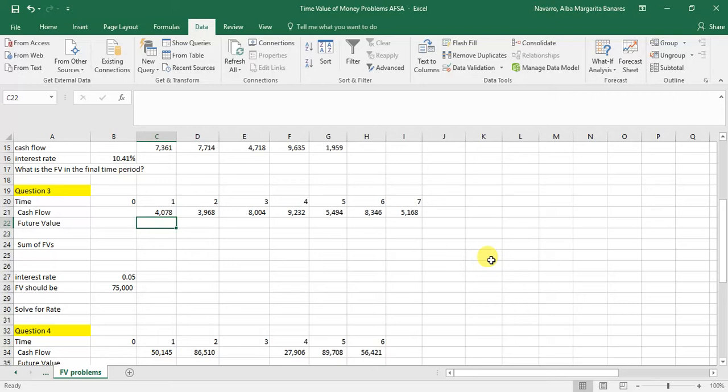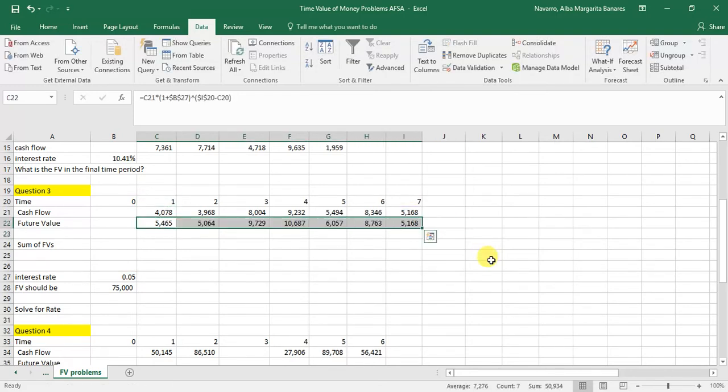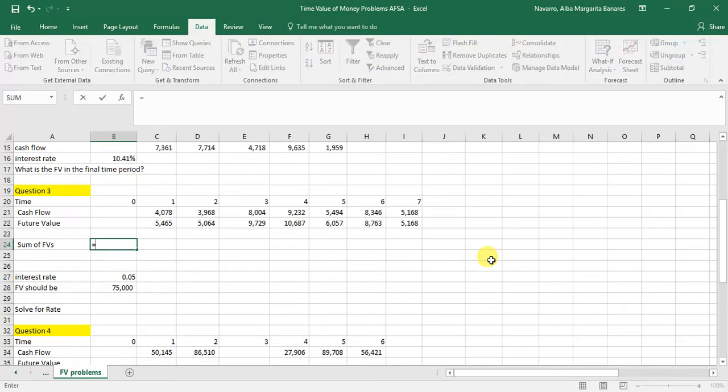So future value is equal to, again, cash flow multiplied by 1 plus the interest rate, lock in the interest rate, to the power of the final year, lock in the final year, subtract what the current year is, copy that into the boxes. Cool, and then sum it up, equals sum.